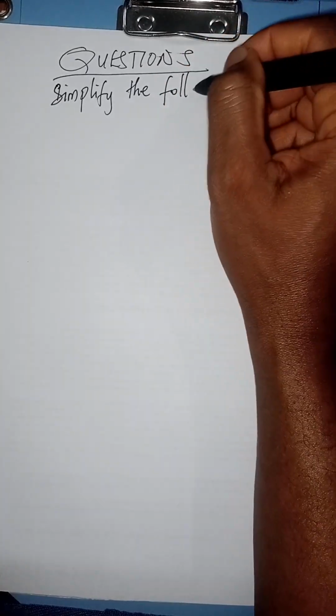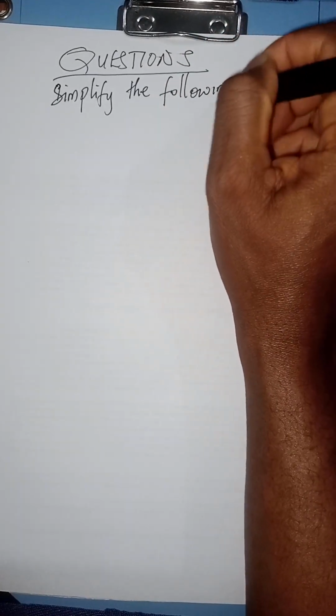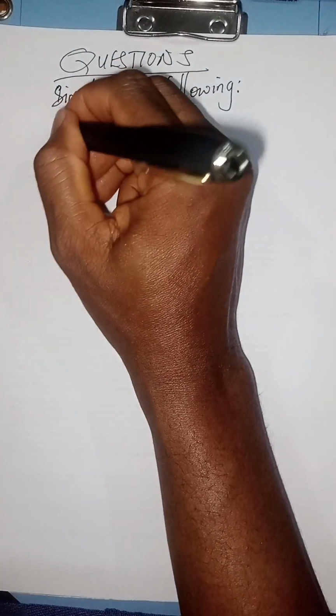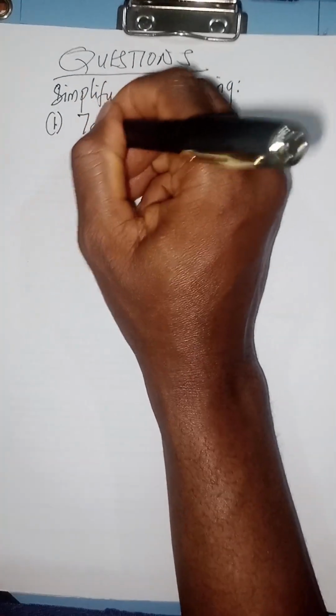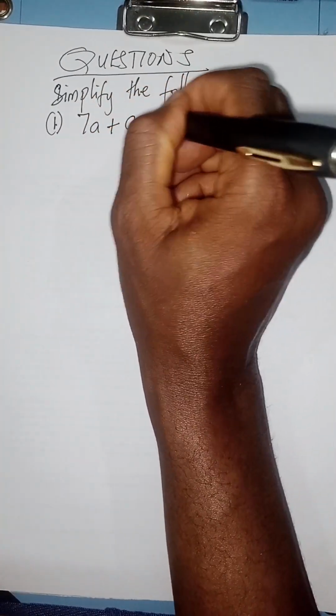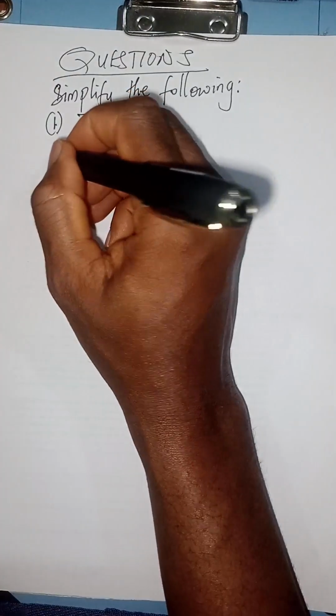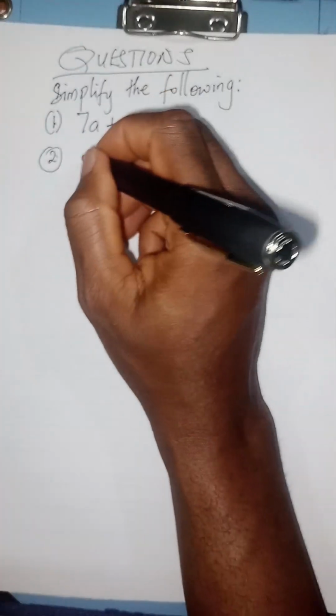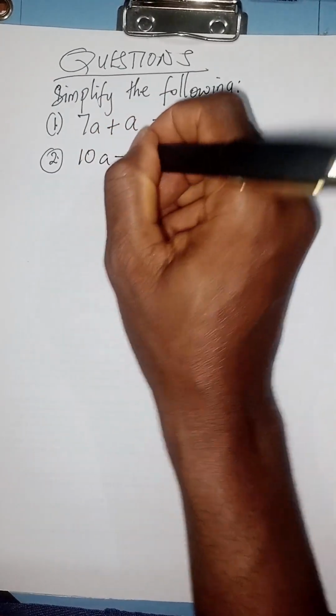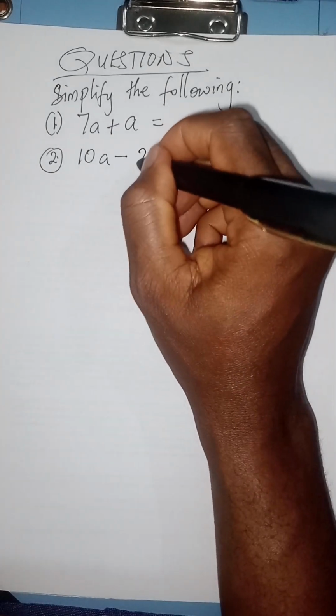Number one, first you are to simplify the following. Number one, 7a plus a. Number two, 10a minus 2b.